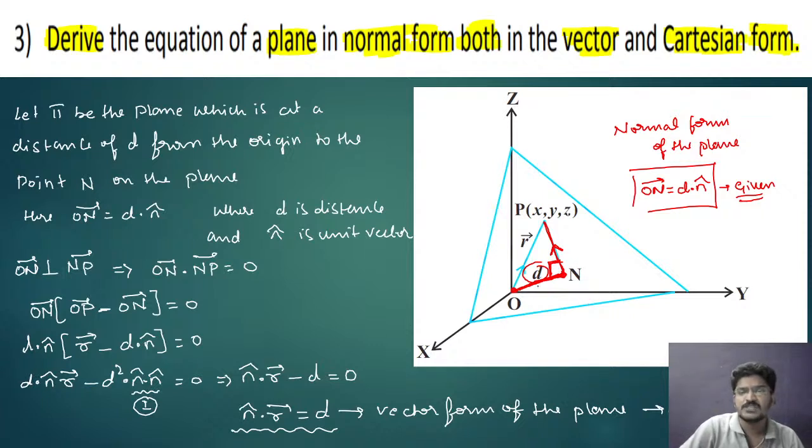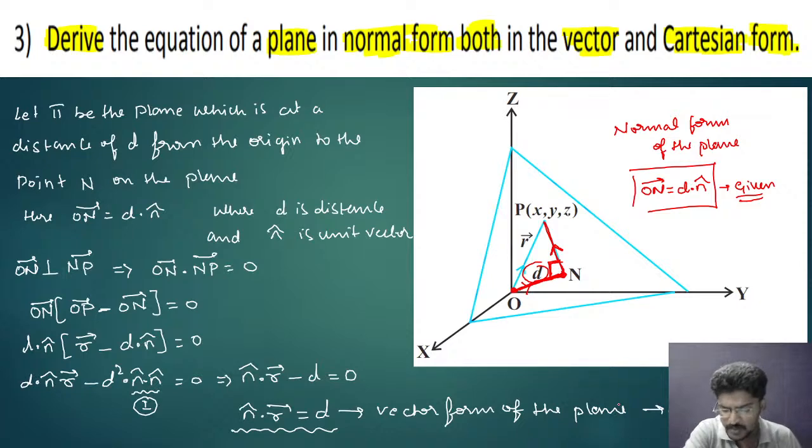That is very, very important. So you should remember that. If you remember that, you can write on is perpendicular to np, on dot np equal to 0. So on dot op minus on will be equal to 0. Replace the on terms. Therefore, that will be n cap dot r equal to d. That is your vector form of the plane.